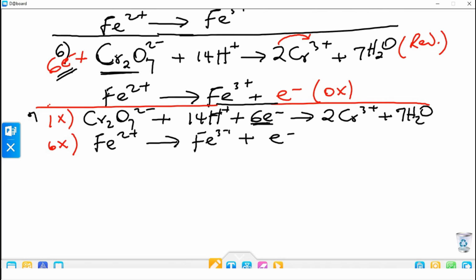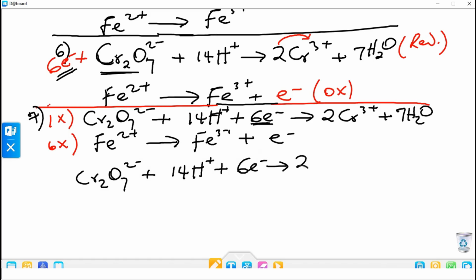This is step 7. So 1 times Cr2O7 2 minus is Cr2O7 2 minus. 1 times 14H plus is 14H plus. 1 times 6 electrons is 6 electrons. 1 times 2Cr3 plus is 2Cr3 plus. Then 1 times 7 moles of water is 7 moles of water.